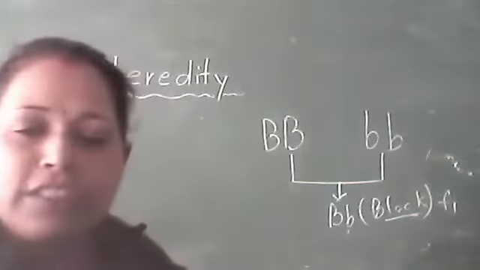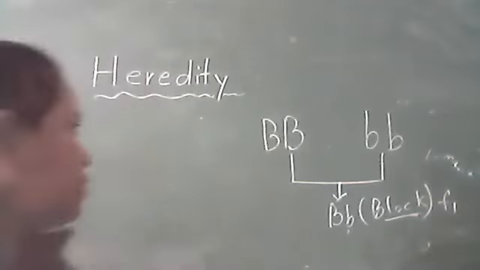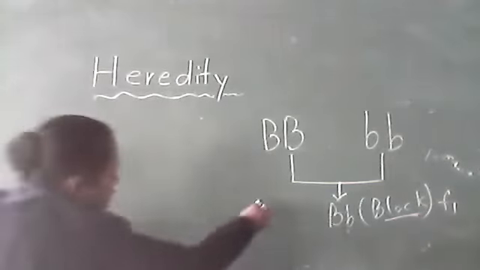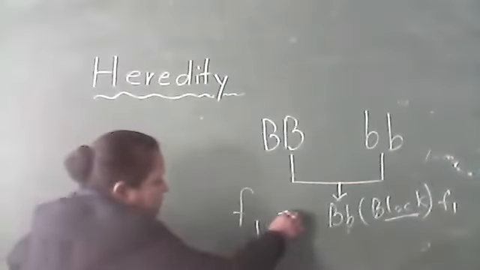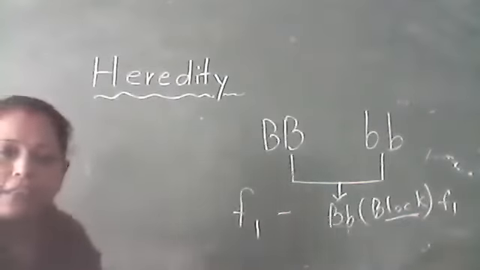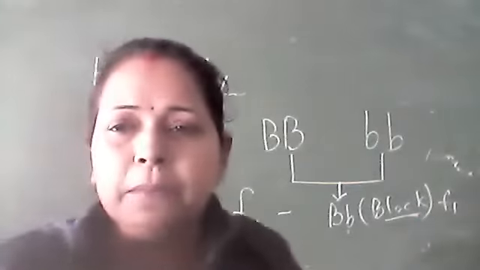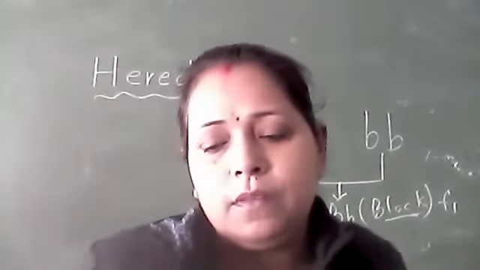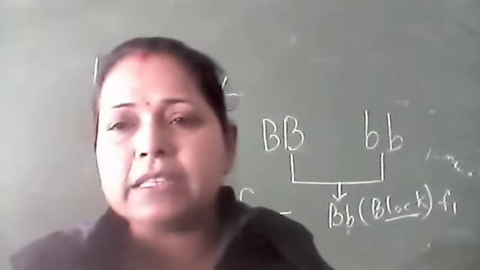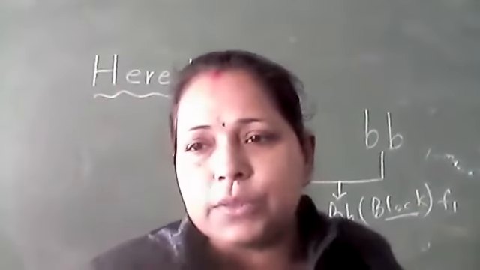This is the F1 generation which I have shown. I am showing to you people. Now in the F2 generation, what are we going to obtain? Anyone? Tell me. F2 generation में क्या मिलेगा हमें? And what will be the genotypic and phenotypic ratio?